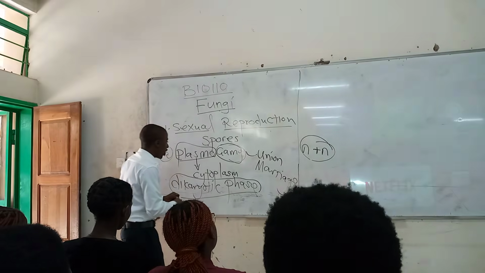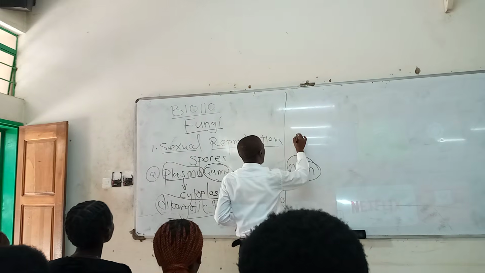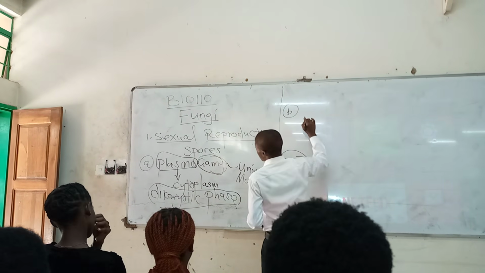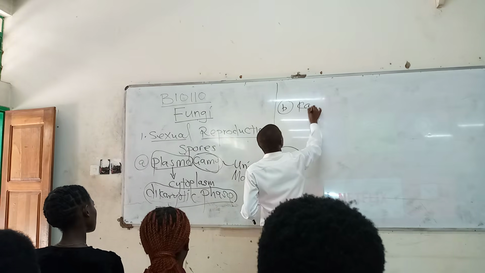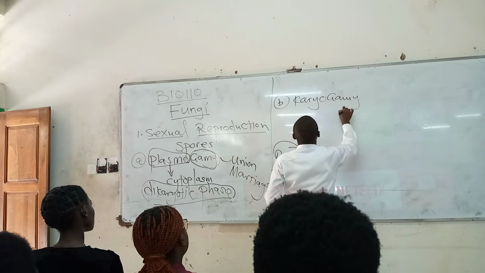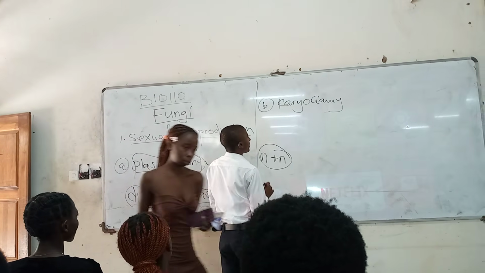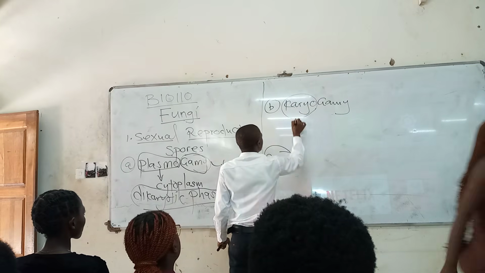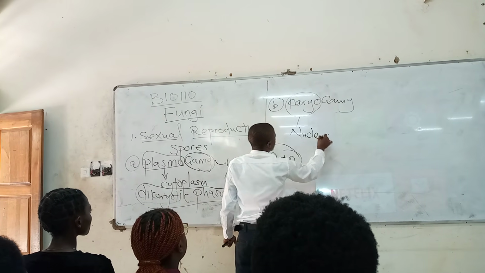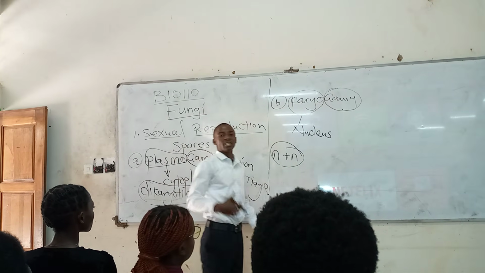Yes. Okay. So the next step is what we call karyogamy. Before I explain deeper, what you should understand is that karyo means nucleus, and gamy, like I said, is just the union, or marriage.